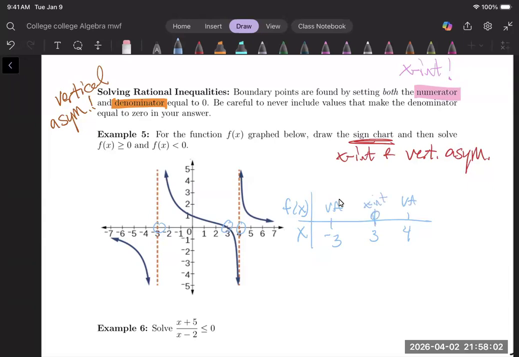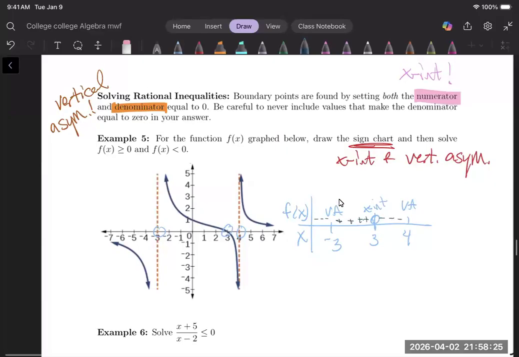A lot of times I'll note those specifically on my sign chart, for reasons that I'll mention in a hot second. So now we see that we are negative to the left of -3, positive between -3 and 3, negative between 3 and 4, and then positive outputs to the right of 4. So again, we're just saying below, above, below, above. That's what we're talking about.